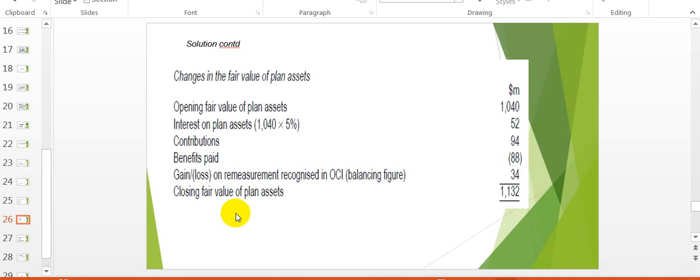We then add 1,040 plus 52 plus 94 minus 88. The total, we net it off against the 1,132 to give us a balancing figure of 34, which is our remeasurement gain or loss, again which goes to OCI.